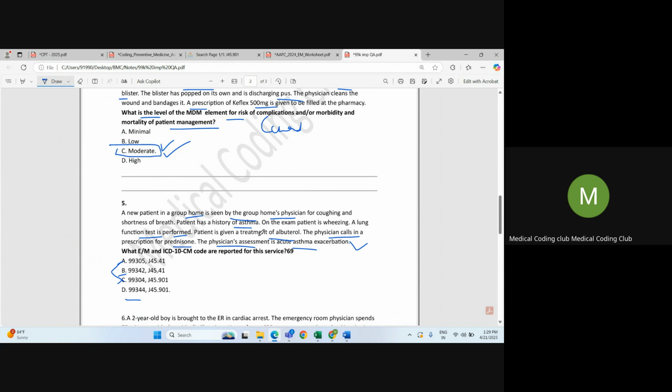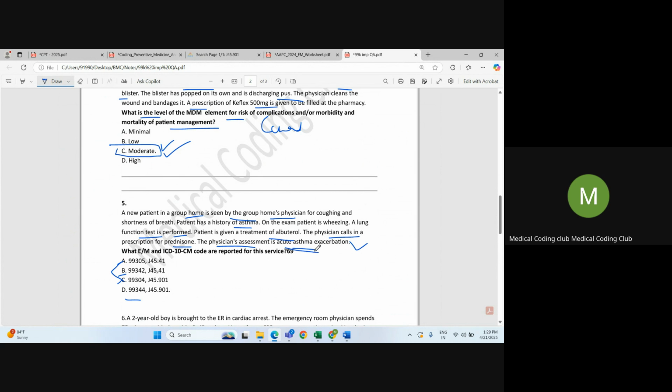So easy. The patient has a history of asthma, and also acute asthma exacerbation. Acute asthma exacerbation and albuterol both fall in the moderate category. Albuterol's risk is moderate and asthma is again moderate.